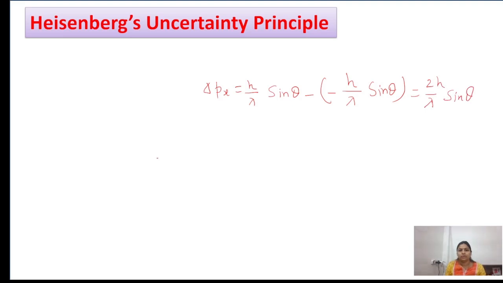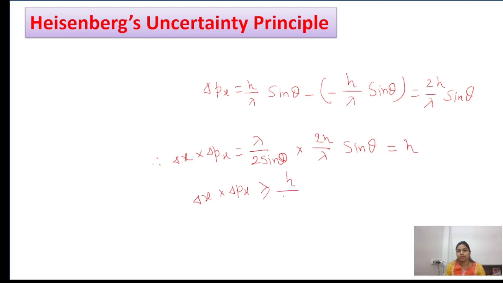So if we find delta x into delta px, with delta x equal to lambda by 2 sine theta, as we found earlier, multiplied by 2h by lambda sine theta, this equals h. So we can write it as h by 2 pi.